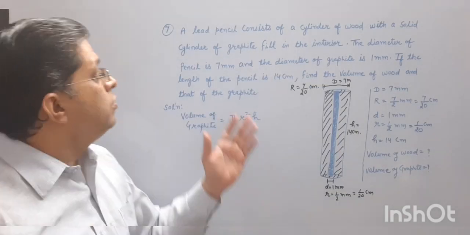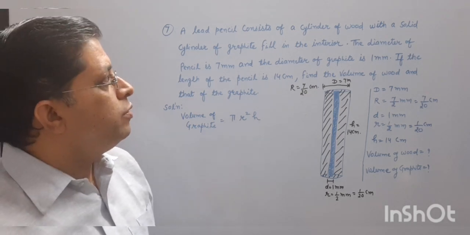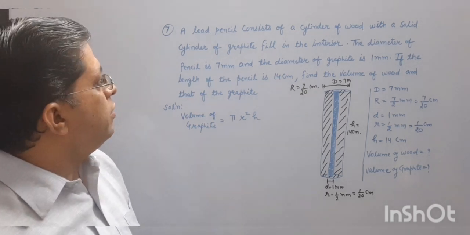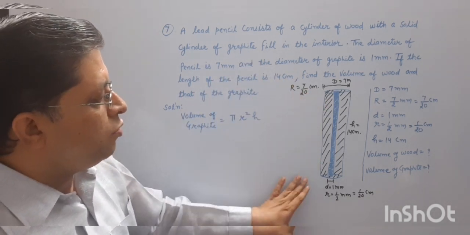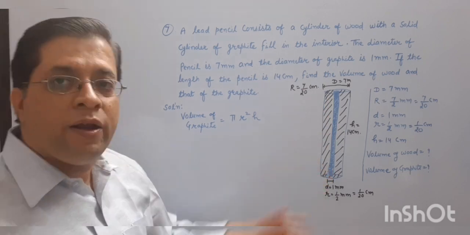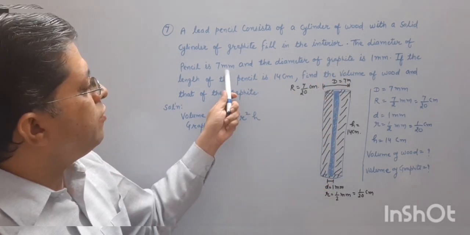Next question is: a lead pencil consists of a cylinder of wood with a solid cylinder of graphite filled in the interior. This is one pencil, no? Graphite is filled in that pencil. The diameter of the pencil is given to you as 7 millimeter.